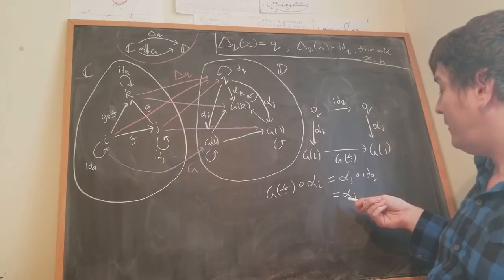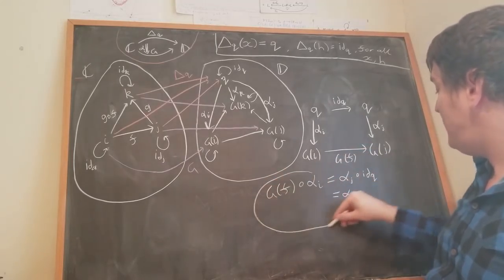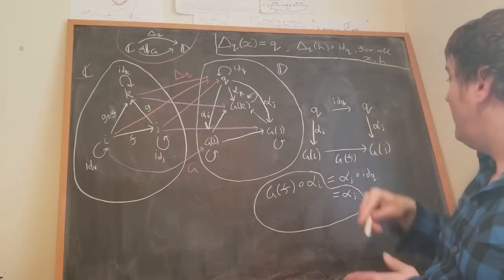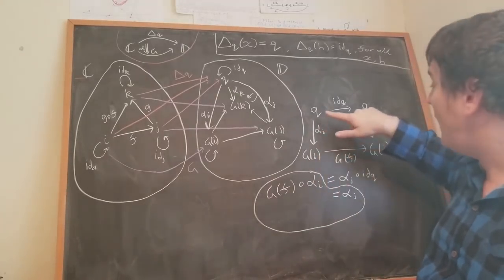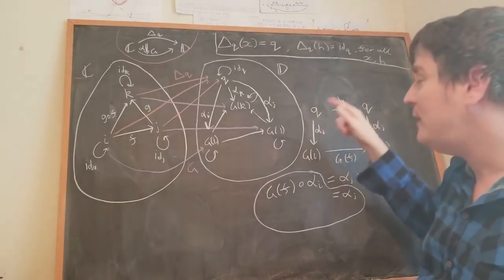And actually we can write this kind of equation here a bit more simply. Why are we bothering to write two copies of Q with this kind of do nothing arrow between them?